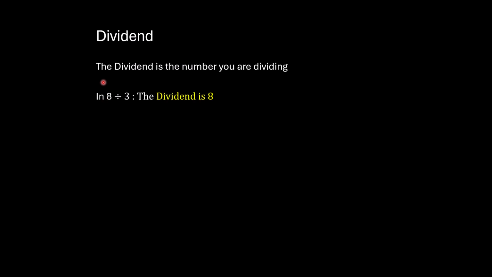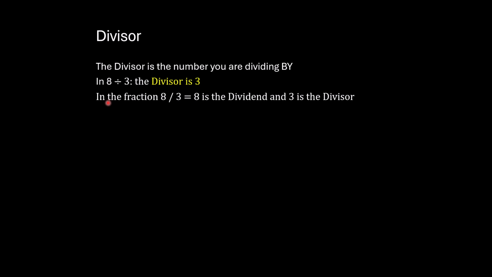The dividend is the number you are dividing. So in 8 divided by 3, the dividend is 8. The divisor is the number you're dividing by. In 8 divided by 3, the divisor is 3. Don't roll your eyes. This is very important.